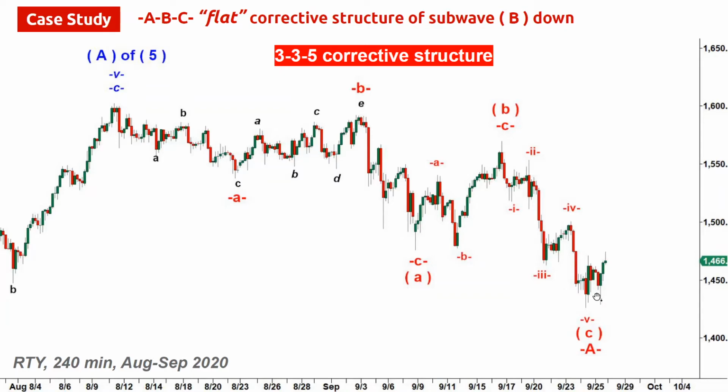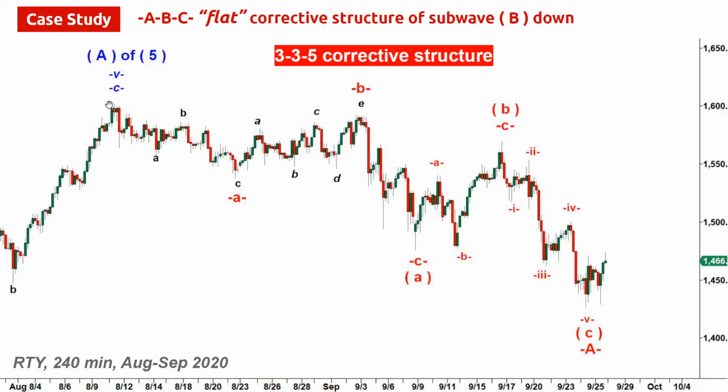Now the question is, could that move down, which actually bottomed yesterday on September 24th, be all of the corrective wave after that strong rally that started in mid-March 2020 and topped on August 11th, 2020?